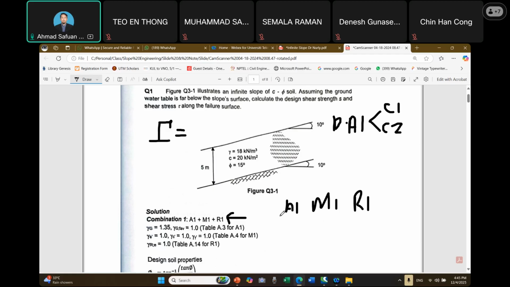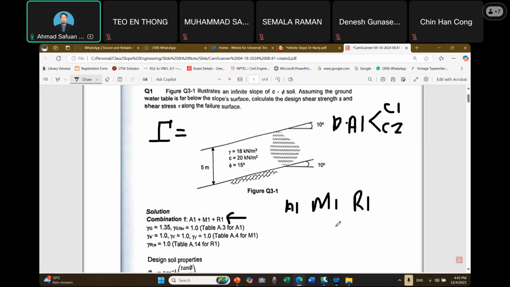We have M, material. Combination 1 and combination 2 are slightly different in terms of numbers. Then we also have R, which is resistance. For driving, there is no resistance, so there is no need to apply the resistance partial factor of safety.